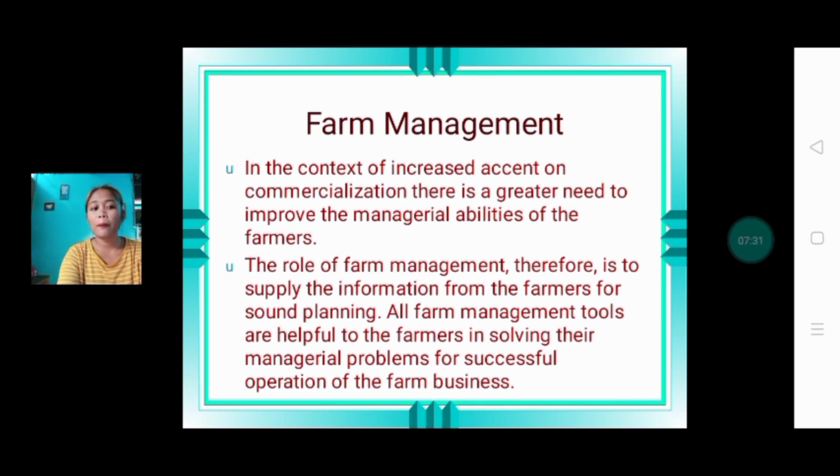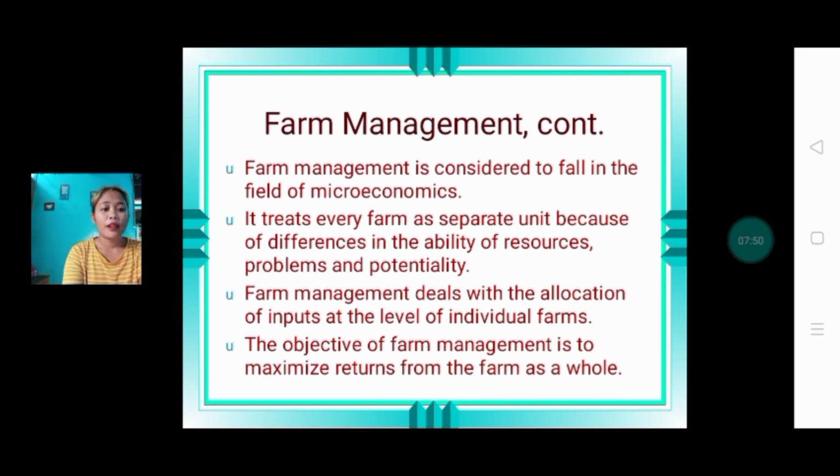Therefore, it is to apply the information from the farmers for sound planning. With sound planning, all farm management tools are helpful to farmers in solving their managerial problems for successful operation of the farm business.